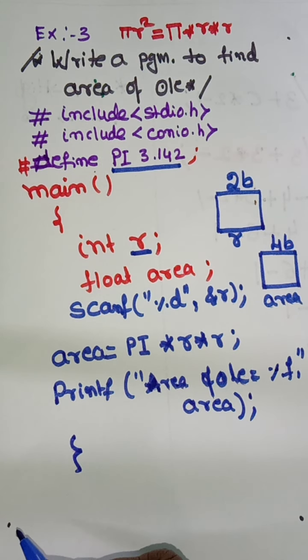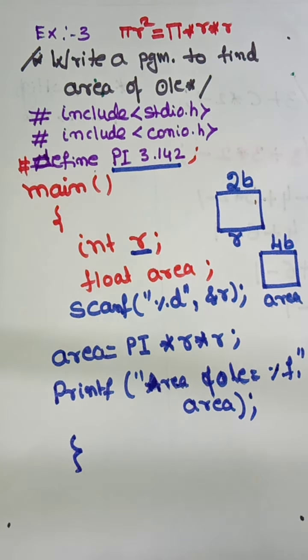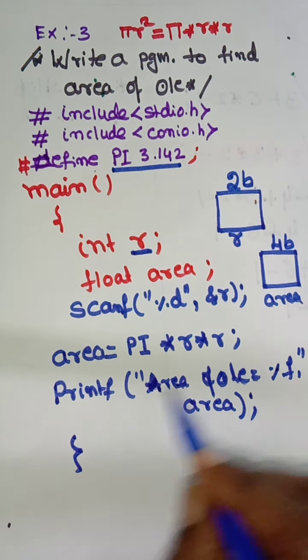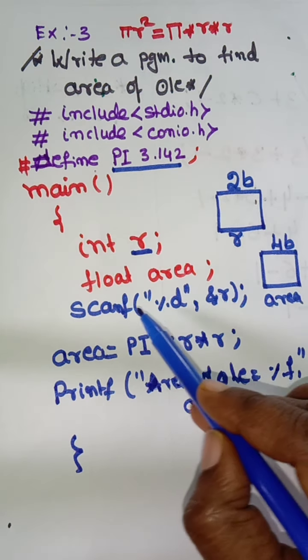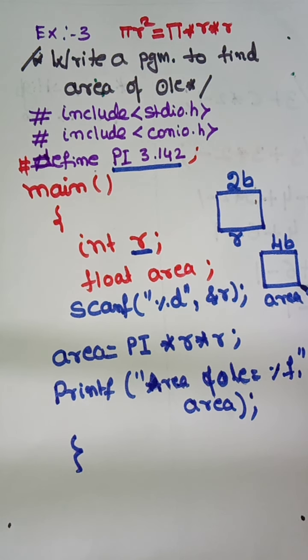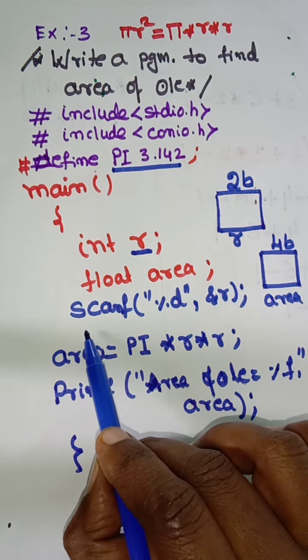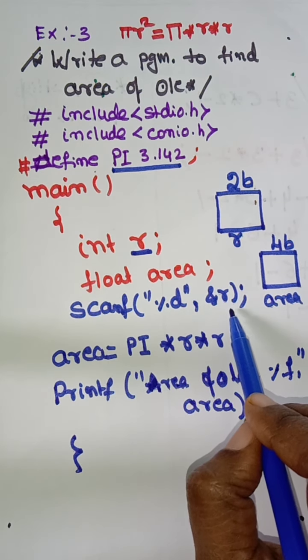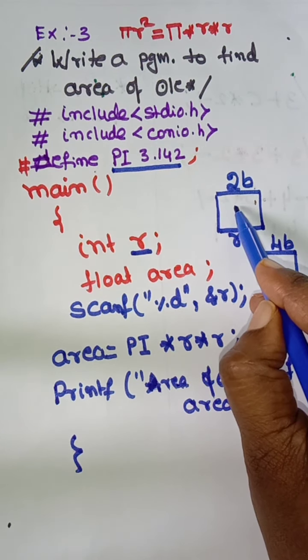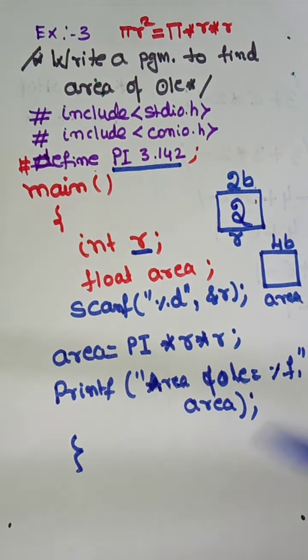Let us see the execution here, how it is going to execute. Okay, so as usual, one memory is reserved for r, float area, another memory is reserved, and whenever your execution comes to this line, it asks for the radius. You just give any one radius value as 2. Anything you can give.